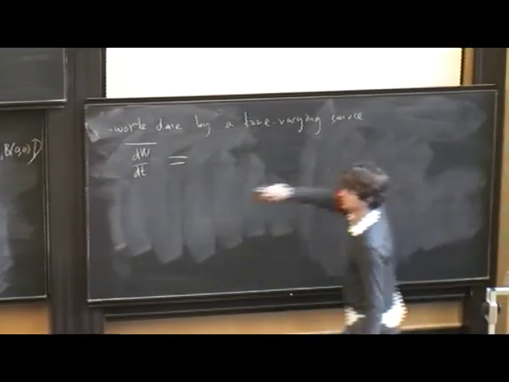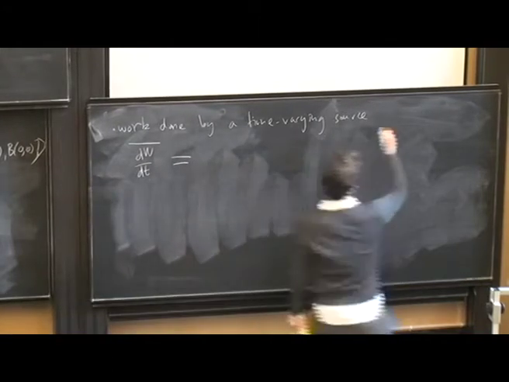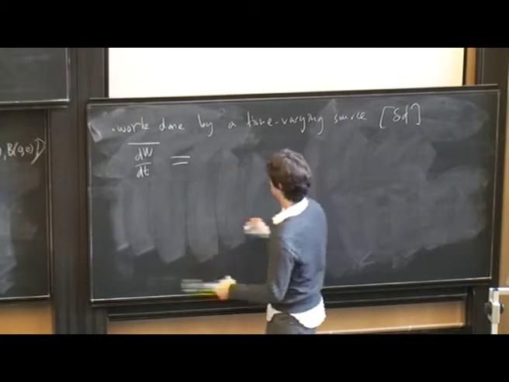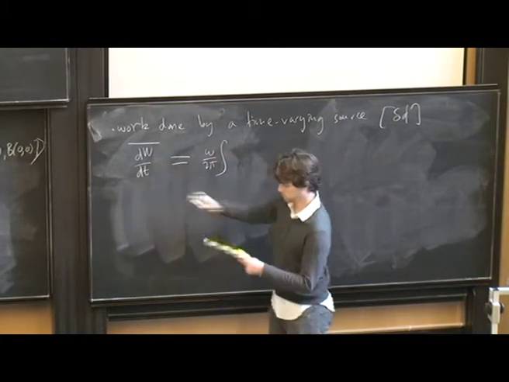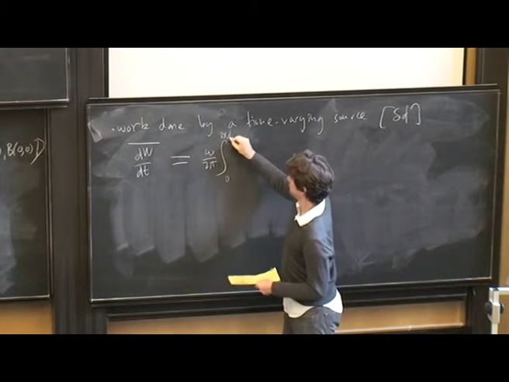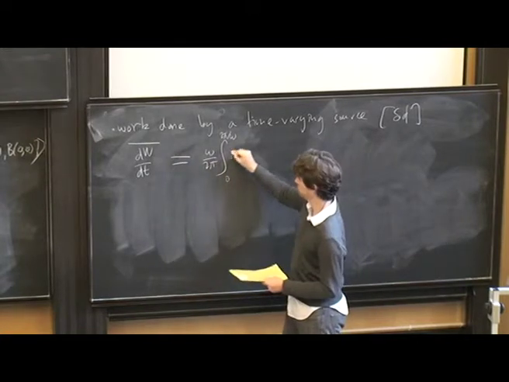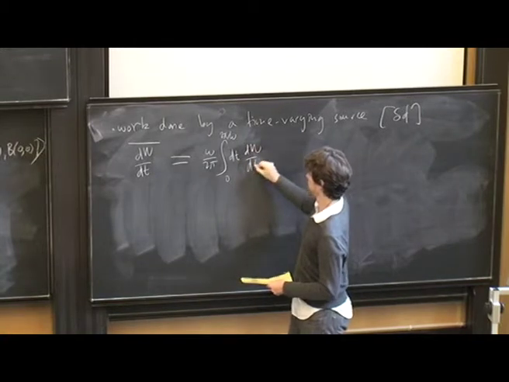So the source is delta phi here. You integrate it over a cycle, and so the average over the cycle is this, because the time of the cycle is 2 pi over omega, where omega is the frequency, dt.